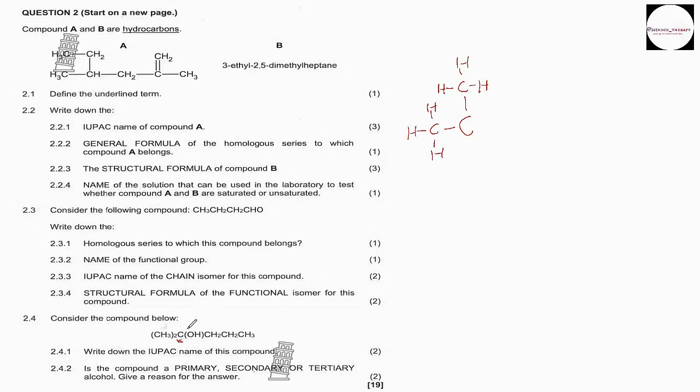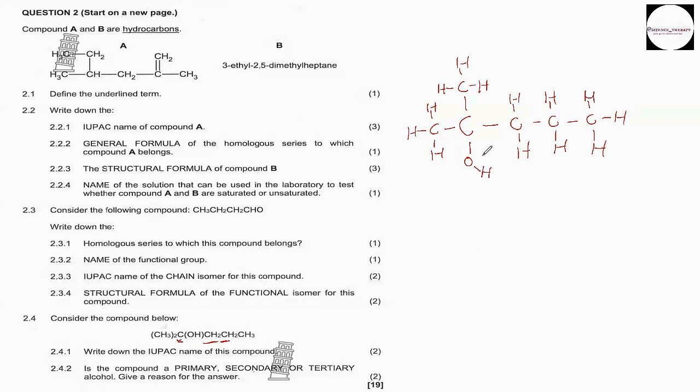Then again, this same carbon must be bonded to what? An OH, a hydroxyl group. And then we have the carbon that is bonded to 2 hydrogen atoms, which is this one now, and then followed by another carbon bonded to 2 hydrogen atoms, which is that one, and then to close it off with the carbon that is bonded to 3 hydrogen atoms.